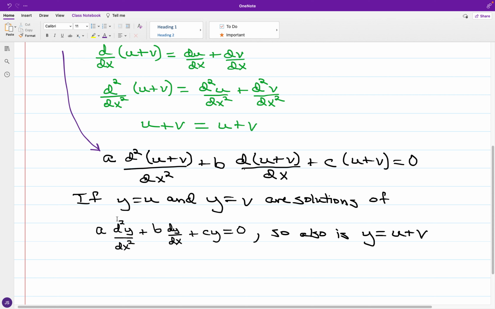Again, just to illustrate that if y equal to u and y equal to v are solutions, we also had the combination y is equal to u plus v.